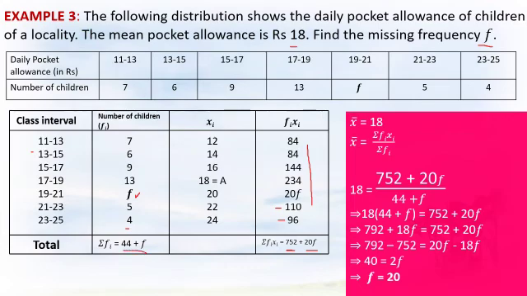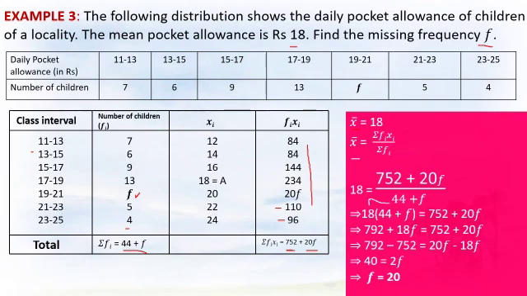Now we will apply the formula. You are given x bar, or mean, is equal to 18. X bar is equal to sigma fi xi upon sigma fi. Substitute all the values. So 18 is equal to (752 plus 20f) divided by (44 plus f). Now cross multiply. 18 into (44 plus f) is equal to 752 plus 20f.